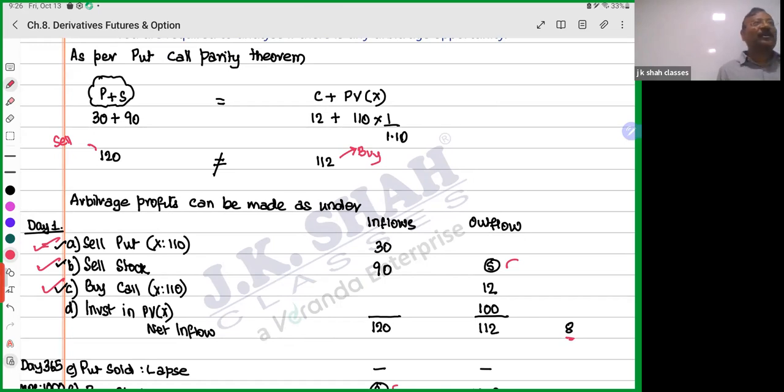Stock options are traded in lots. So let's say SBI's lot is 750 shares. So you buy one put, one call, sell 750 shares, and invest that money. Yes, my profit is 8 rupees per share. I am doing it in whatever quantity I want.